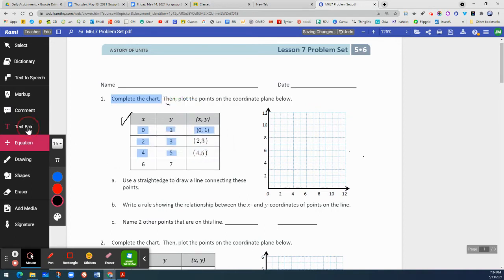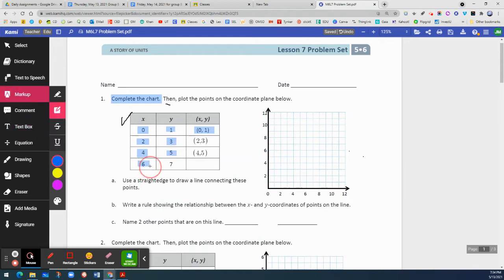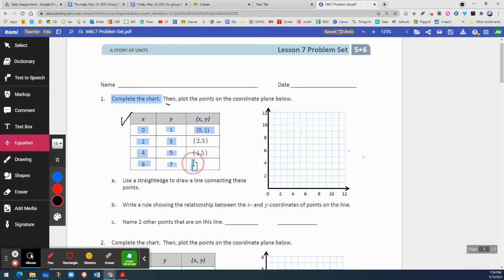The next one should be x is 6 and y is 7. Okay, let me get my equation tool. I open parentheses and x is 6, comma, and y is 7. Simple. And we're going to align it. Now, so we actually did the first step, which says complete the chart. So we did that.